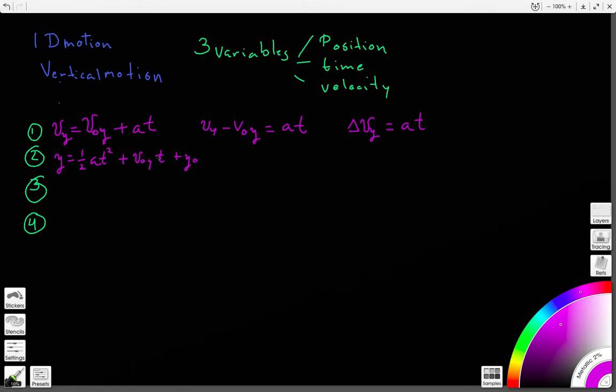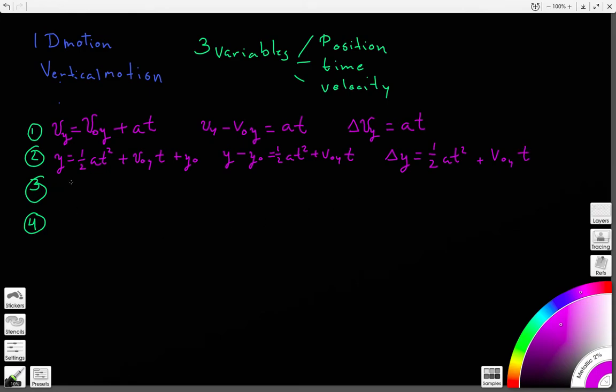If I pass y0 to the left, I am left with y minus y0 equal to 1/2 a t squared plus V0y t. And we know that y minus y0 is delta y, so delta y is equal to 1/2 a t squared plus V0y t.